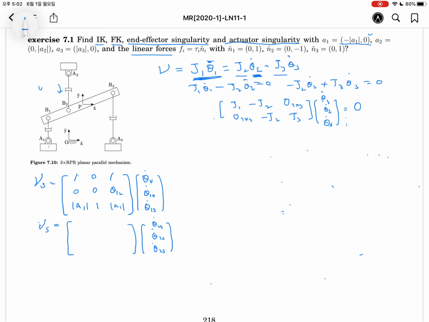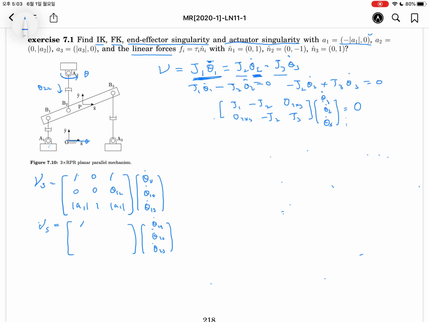Okay, the linear displacement will be denoted by the theta 22. So the rotation of this one will make the screw axis. Okay, the first element will be the 1 because this is rotational movement. Okay, this rotation will make this kind of motion.